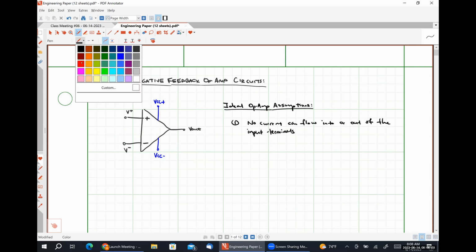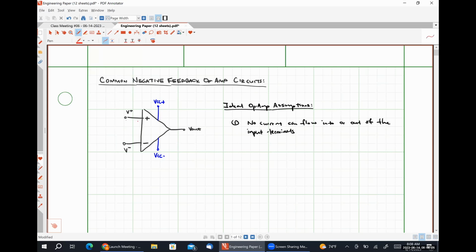So this means that this current, which I'm going to label I plus, must be 0 amps. And similarly, this current, which I'm going to label I minus, must also be 0 amps. And as it was discussed in the last video, this is largely because of the extremely high input resistance of an op-amp on the order of mega ohms or larger.